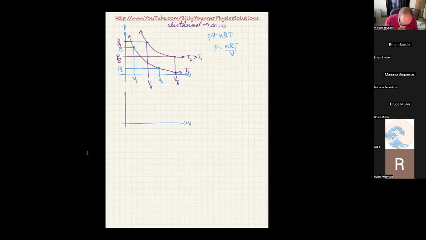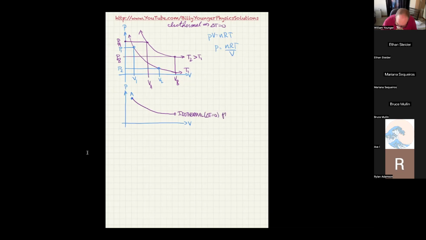Similarly, we can draw another graph, and this will be P versus V again. We could have a state A that two different graphs lead from. This one could be an isothermal process, which, remember, means delta T equals 0.